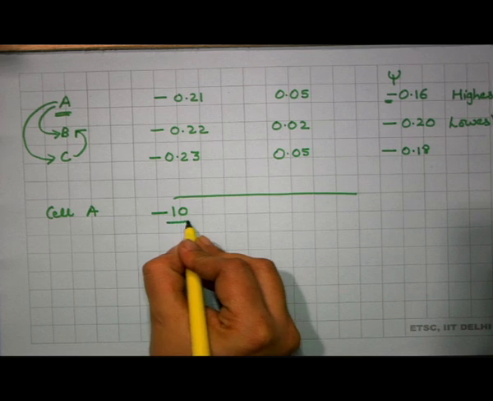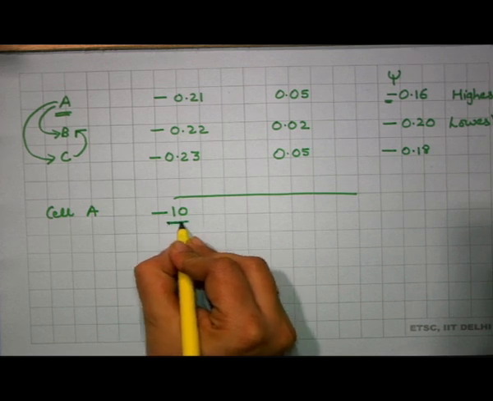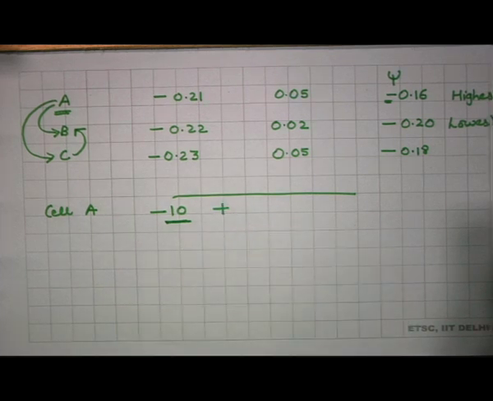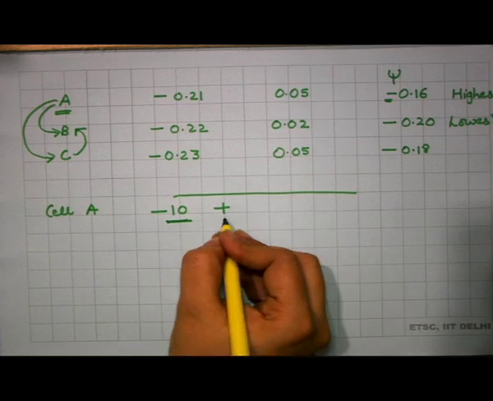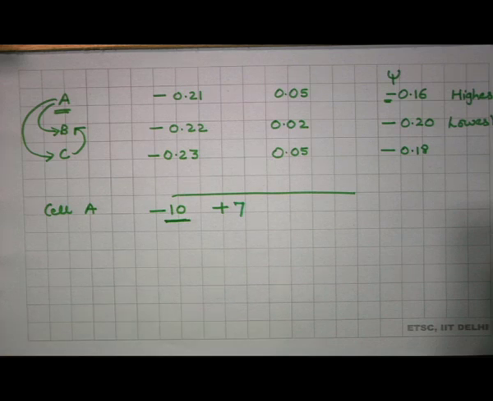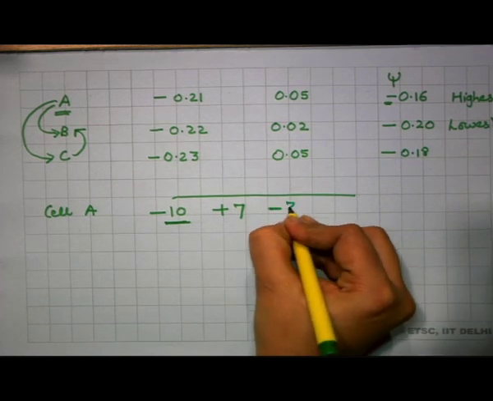So, osmotic pressure is at minus 10, turgor pressure, that is the resultant of pressure potential, which needs to be positive, is at 7, and the diffusion pressure deficit, since it is a deficit, should have a negative value.